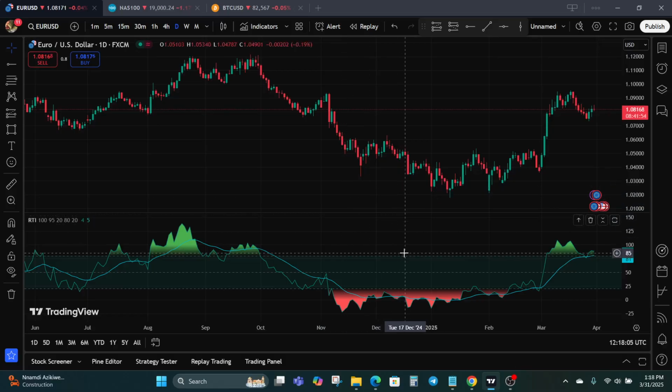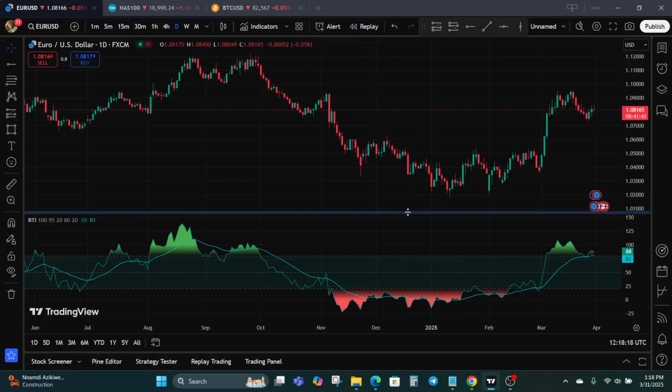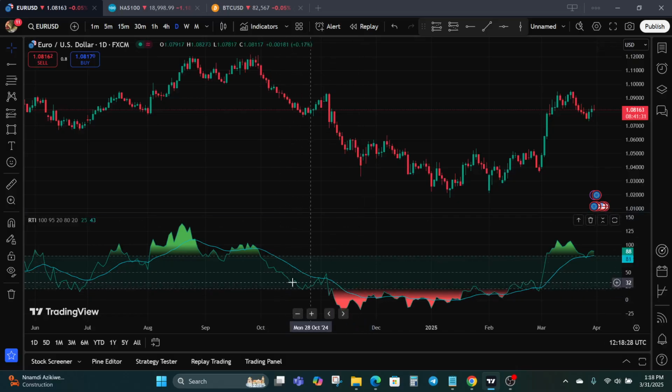Now, the relative trend index indicator is an advanced momentum tool that helps traders avoid false reversals and identify true market trends. So how does it work? Unlike the RSI, which only measures price movement relative to the past, the RTI adapts to market conditions, making it more accurate in trending markets.